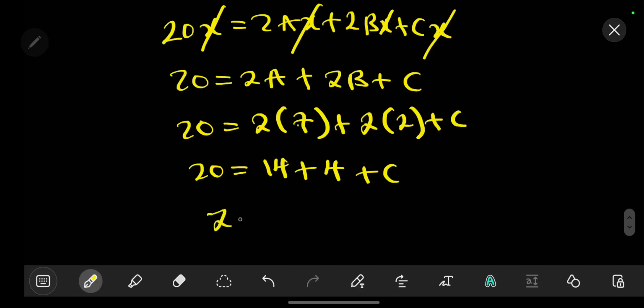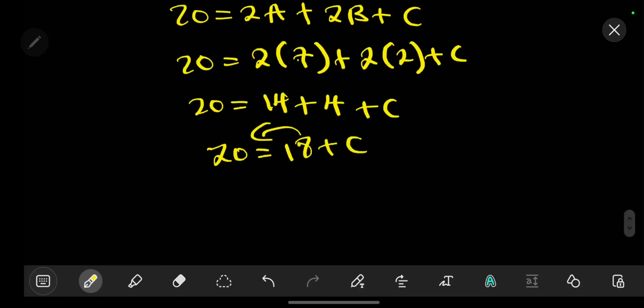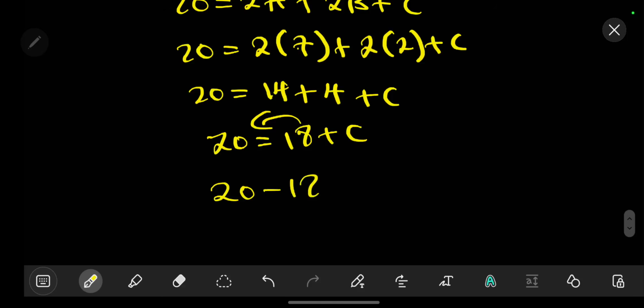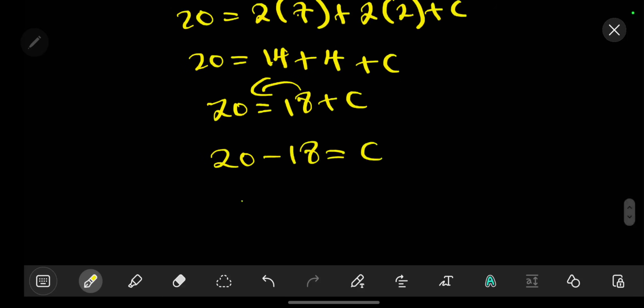So 20 should be equal to 14 plus 4, which gives us 18, plus c. We take the 18 this side, we get 20 minus 18 should be equal to c. Then our 2 should be equal to c.